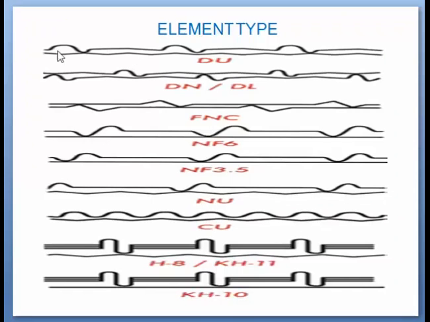Based on all these requirements, there are different types of elements, some of which are elaborated here. The first one is double undulated, that is DU. This is the double undulated type.